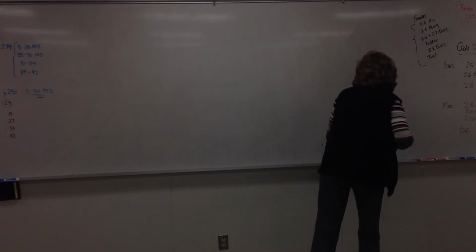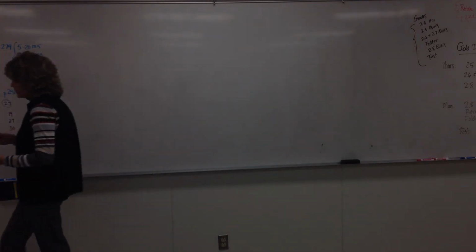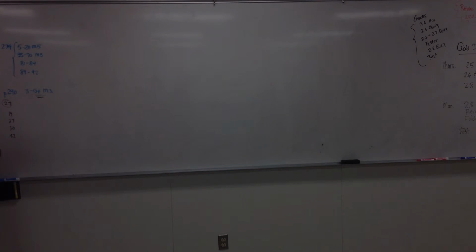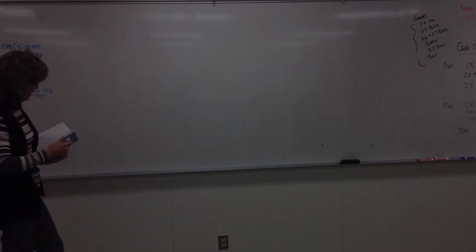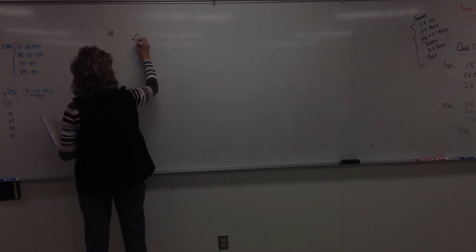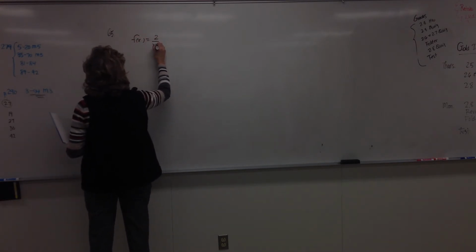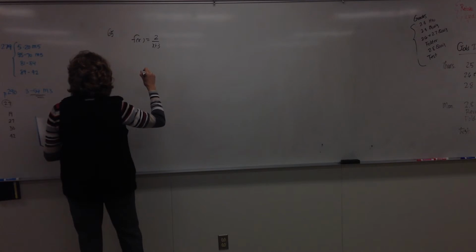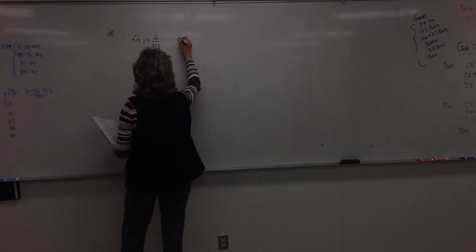65, I think, asks you to compose two functions. On 65, f of x is 2 over x plus 3, and g of x is 1 over x.